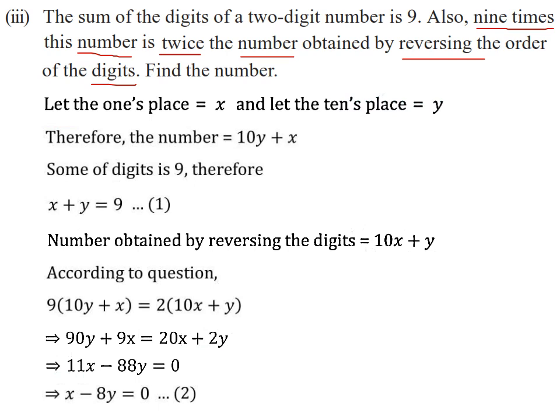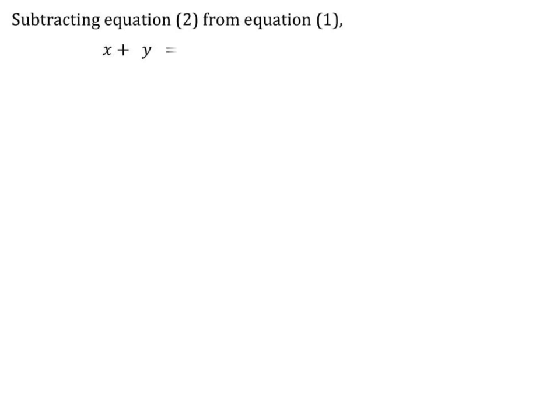So for solving that, now I am subtracting equation number 2 from equation number 1. So I will get x plus y equals 9, and the second equation is x minus 8y equals 0. Now here we can see the coefficients of x are numerically equal, so directly subtracting the equations.